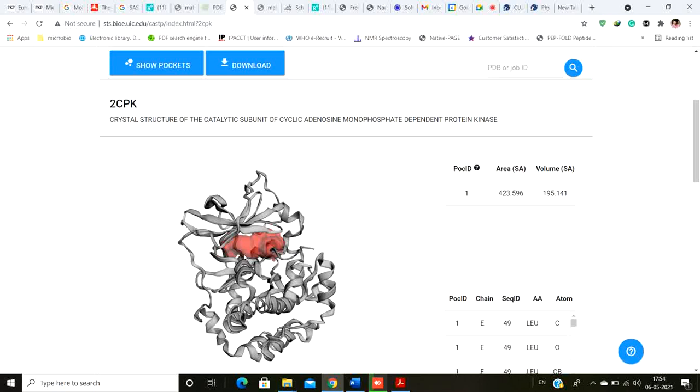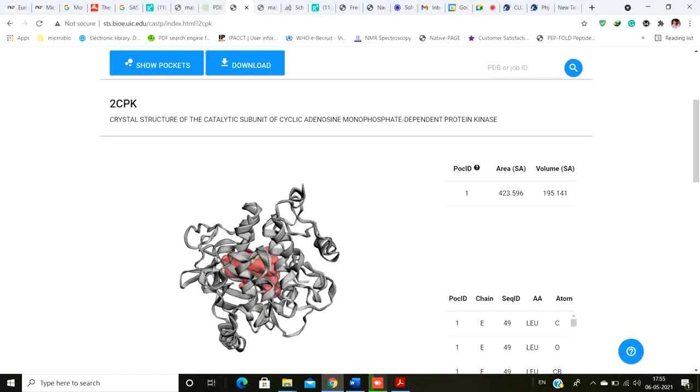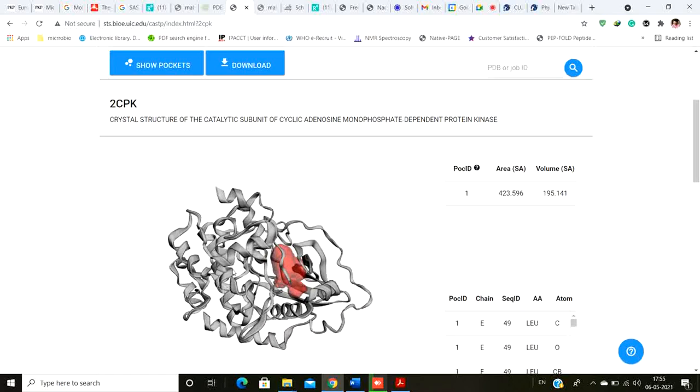You may find that the drug is going to bind at a particular region, but in reality it might not, because that region might be hydrophobic. Our drug can't bind to or interact with a hydrophobic region, because that part is not accessible by water, and the drug will be mixed up with water. So you have to find the solvent accessible regions only, and use those regions for the drug.